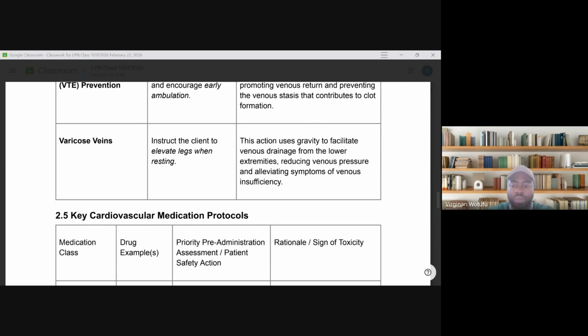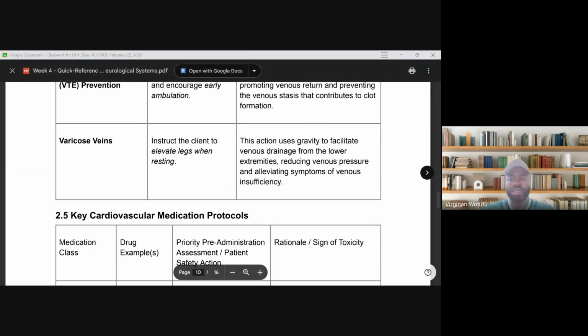So those are the key assessments, the key points we're supposed to look at from nearly all we have talked about today. Do we have some questions? Do you have any questions concerning what we just discussed?